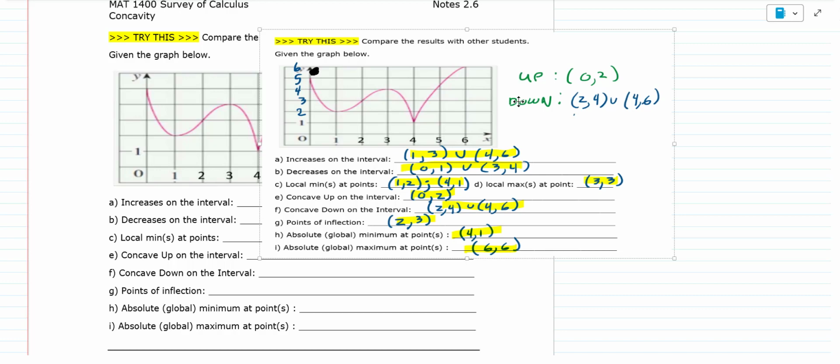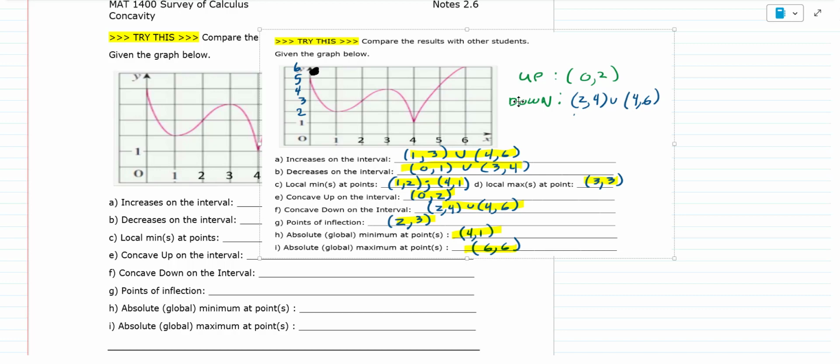So the thing on this is global just means the highest. That's the highest point. That's a global min right there, and you all have the global min, right? That's 4, 1. But a local min means the graph decreases, then increases. So that's a local min. That's also a local min because the graph goes from decrease to increase.